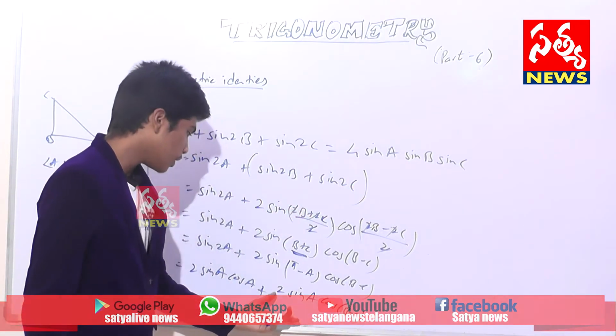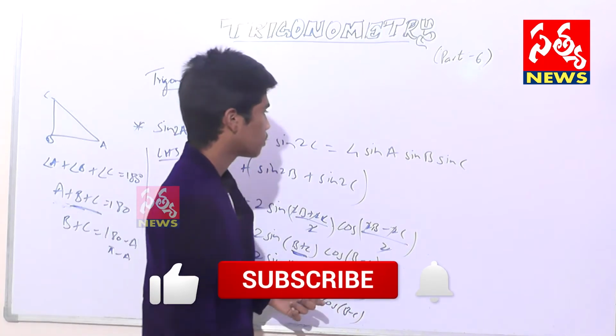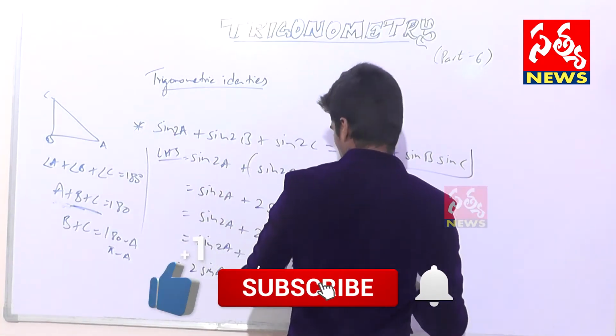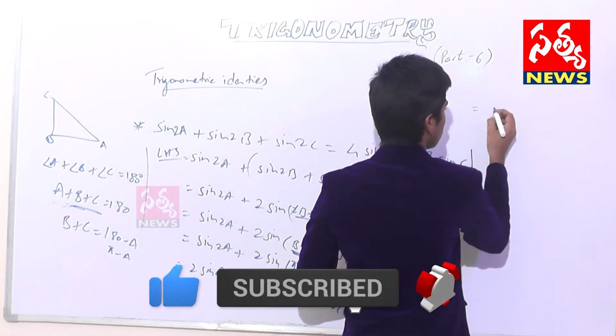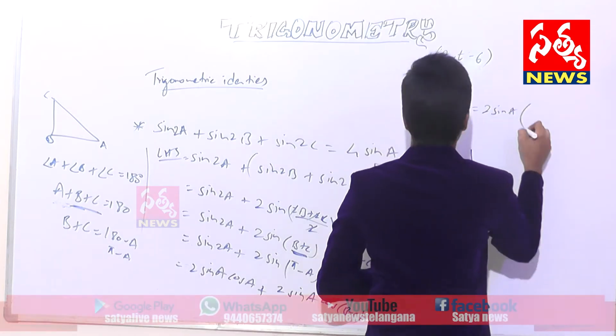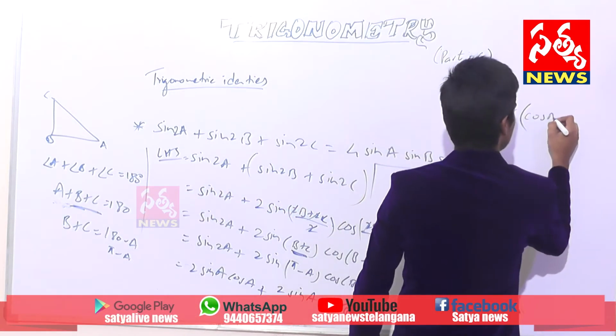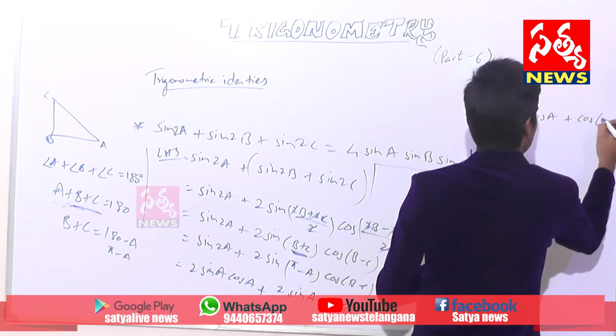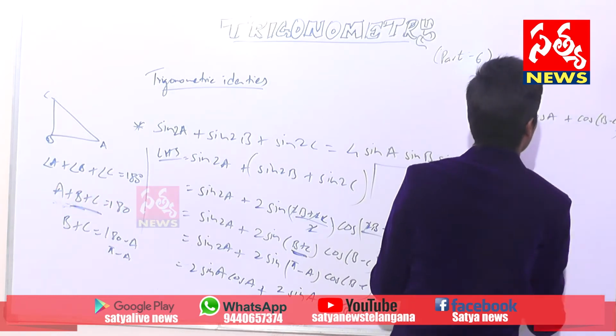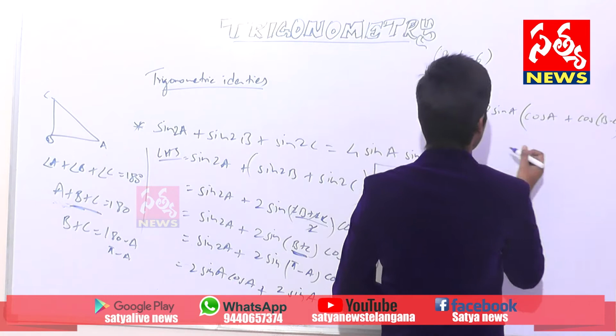Now from these two, we can take 2 sin A common. I am taking 2 sin A common. Cos A plus cos(B minus C). Okay, this is the thing we are left with.